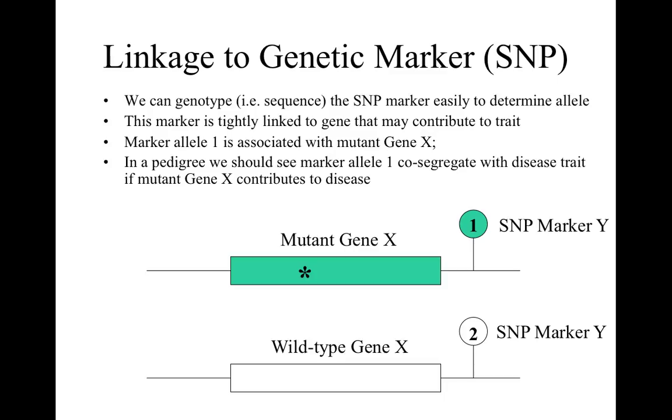Thus, we are searching for which among the 20,000 markers are co-segregating with the disease phenotype. That will help us identify genes that contribute to the trait.